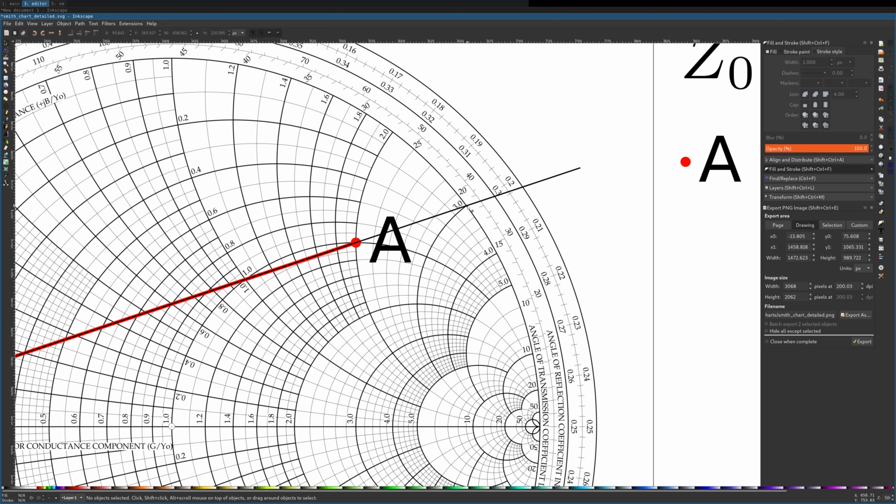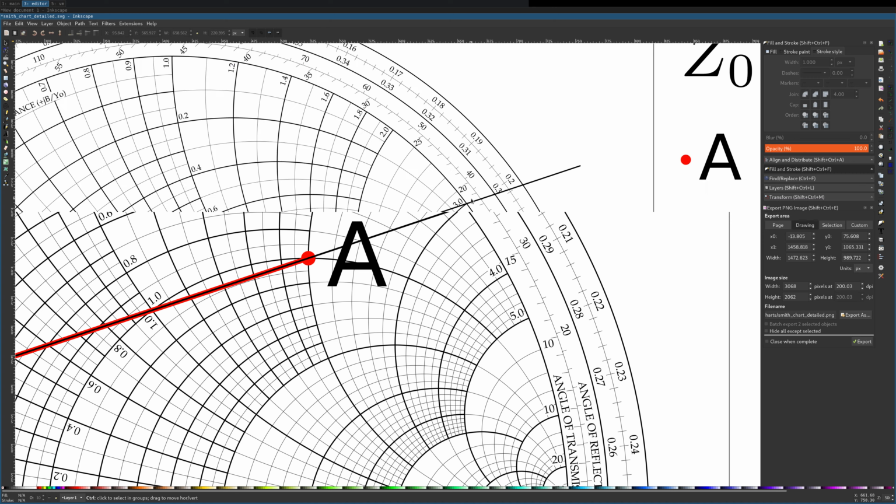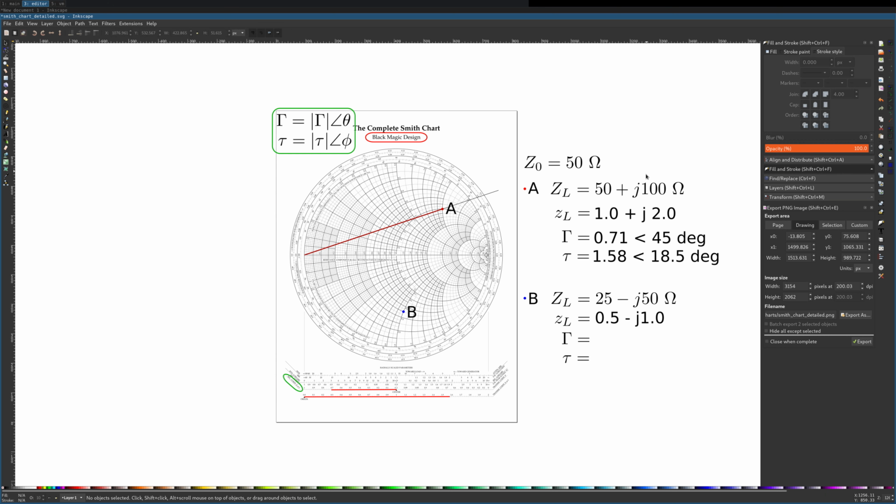So we scroll to the appropriate location, and there we have it in the innermost ring. You can count from the nearest labels, 15, 16, 17, 18, roughly 18.5 degrees. So I'll put it in, 18.5 degrees. Note that for gamma and tau, the symbol between the magnitude and the angle really should be the angle sign, but I typed the less than sign for convenience.